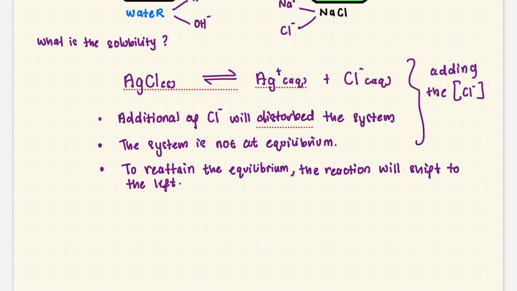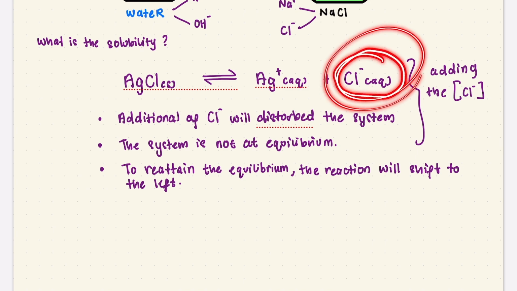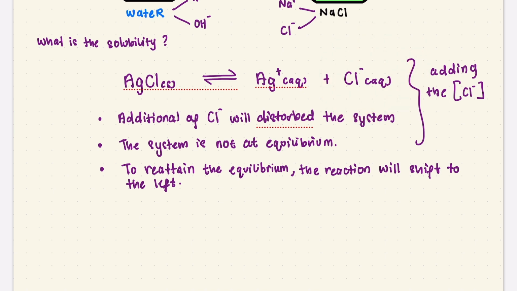Now, as we know, when this increases, okay, this increase means the chloride has a lot in the system. So it is not at equilibrium. So to reattain back the equilibrium, as this is so much over here, then it must be used. We have to use all the chloride.